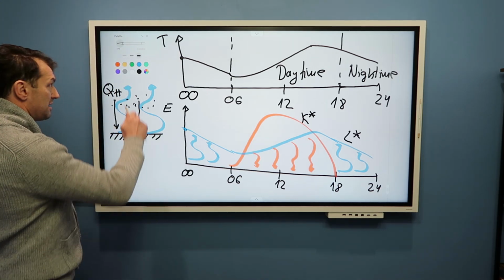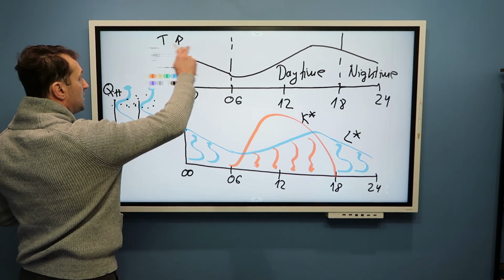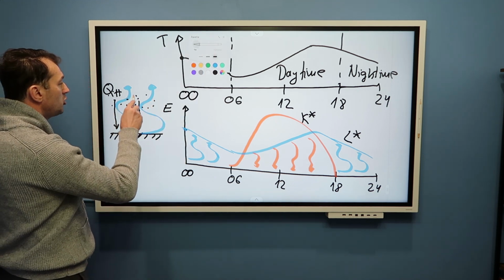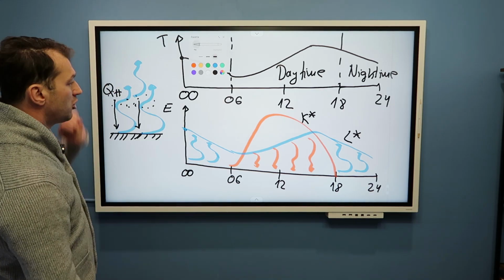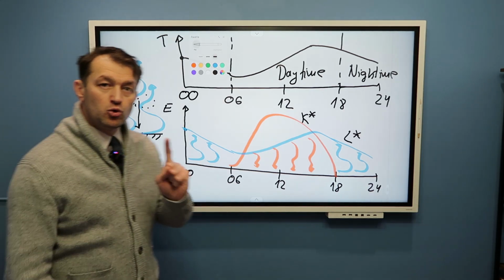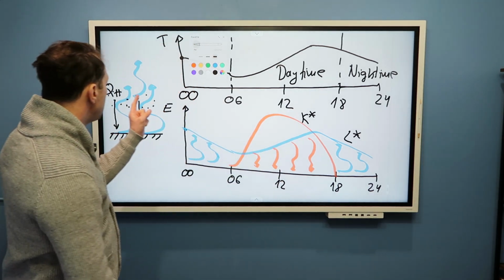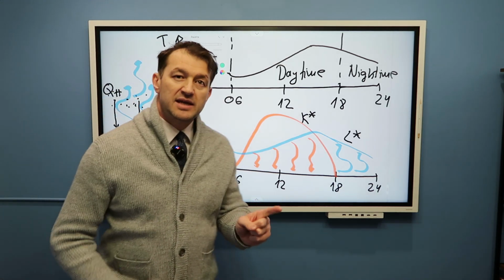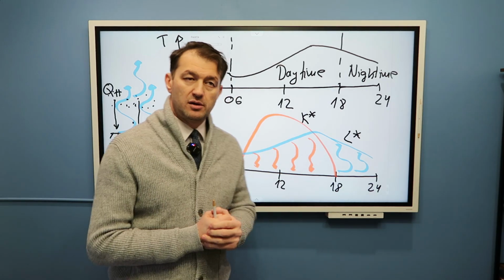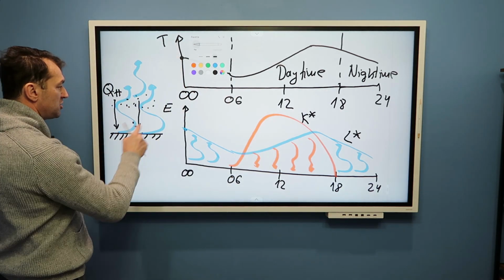Now you might say, but wait a minute, the air is also radiating energy in the form of this long wave radiation. You are right. The air is also radiating energy, but the air is a much poorer radiator of energy than the surface.